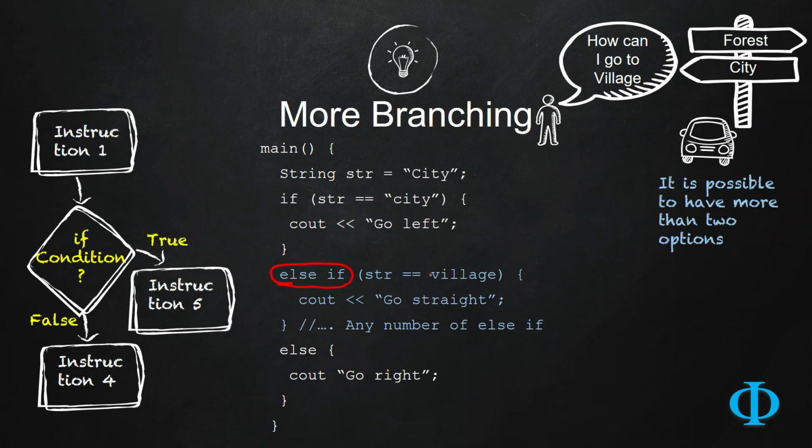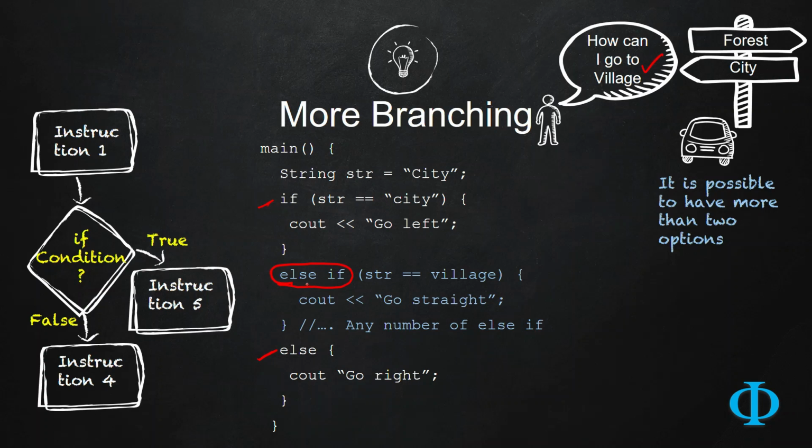Now, else if can come in between if and else. And there can be any number of else if statements in between an if and else statement. So in here, let's say instead of going to either forest or city, you want to go to the village.